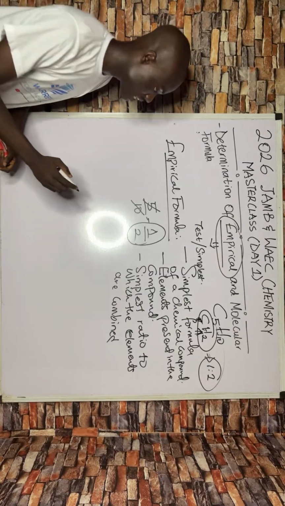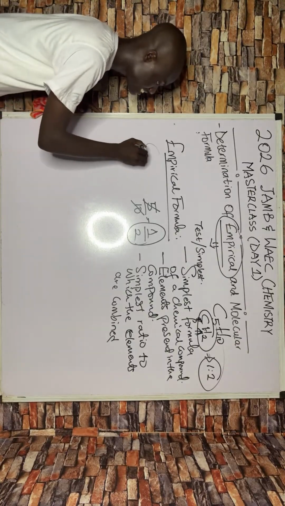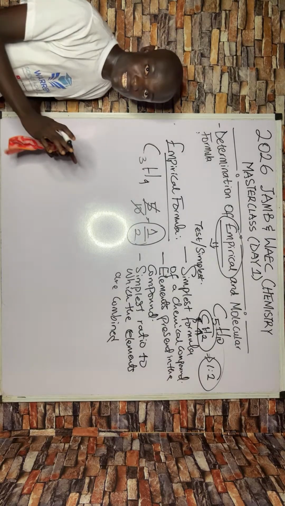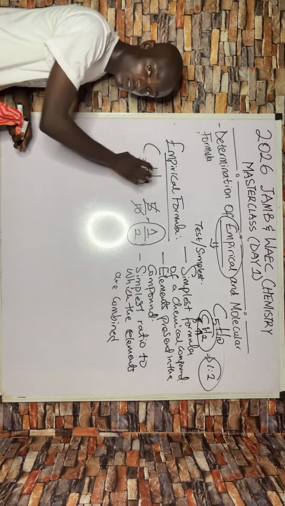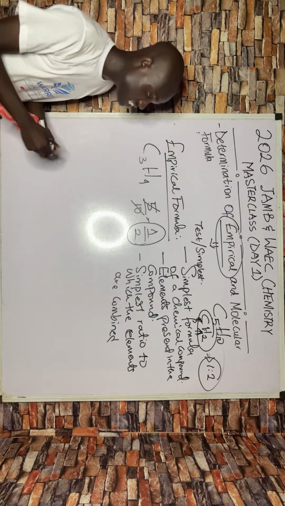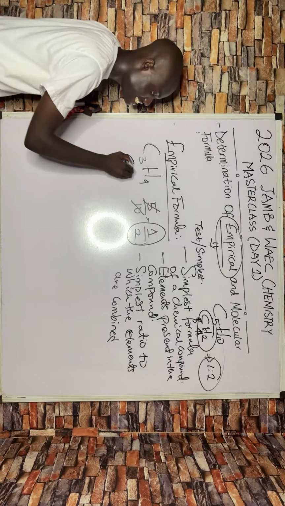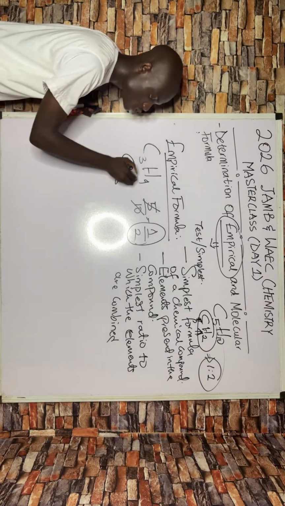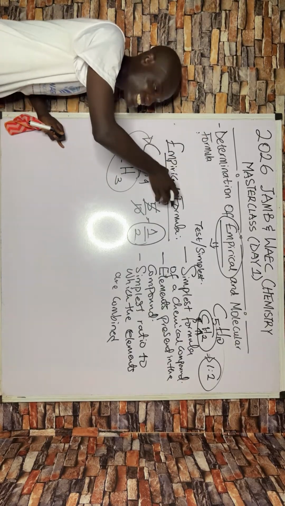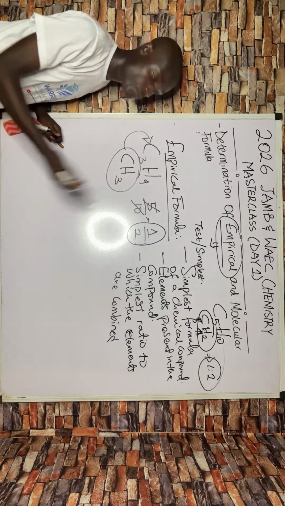Let's say we have another compound, C3H9. Now, this could be a molecular formula for something. When we break down this compound to the simplest form, I end up having CH3. So this simplest form of this compound is what we refer to as the empirical formula.